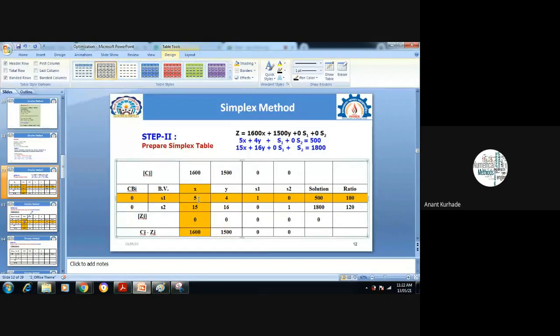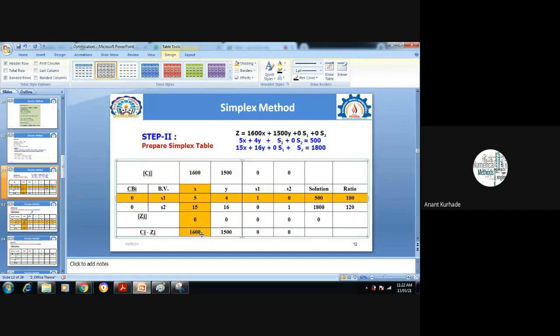Okay, up to this any doubt? No, sir. Okay, is it fine to all? It is very important, but it is simple. So here in the initial simplex table, you have to find the key column by taking the maximum value of Cj minus Zj. Why maximum?